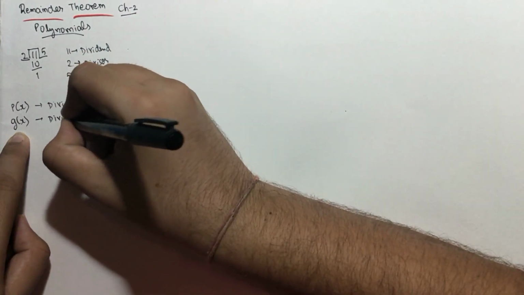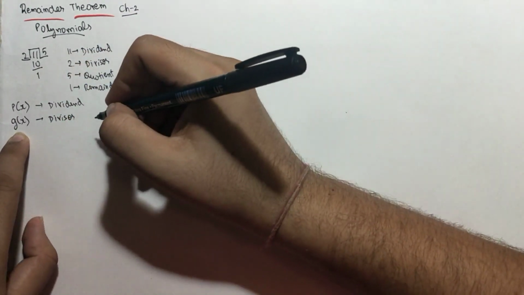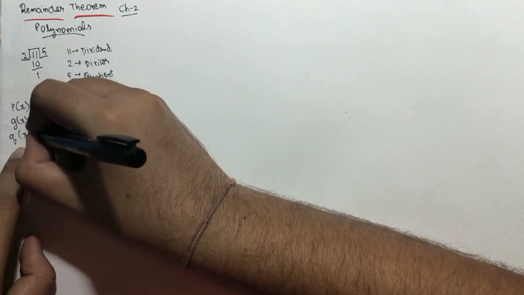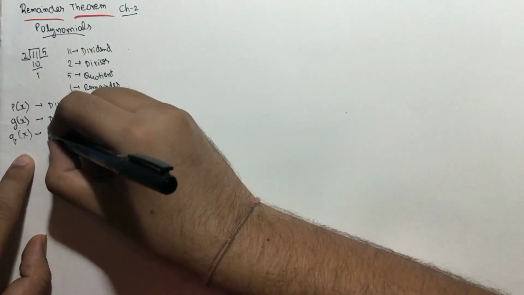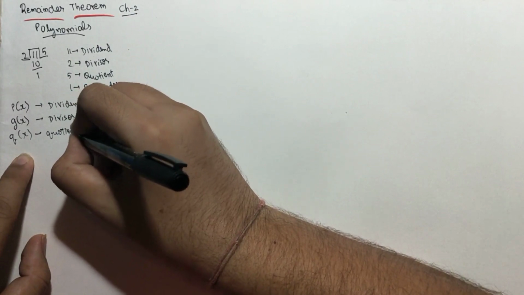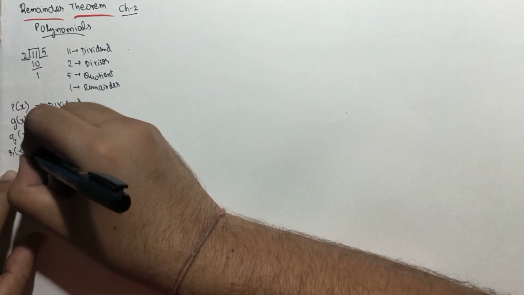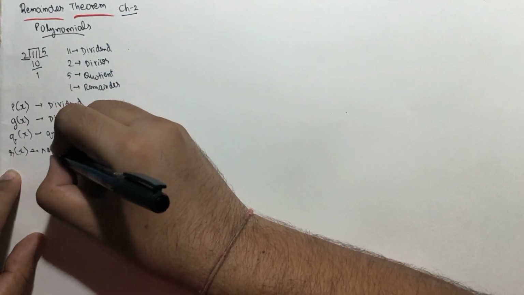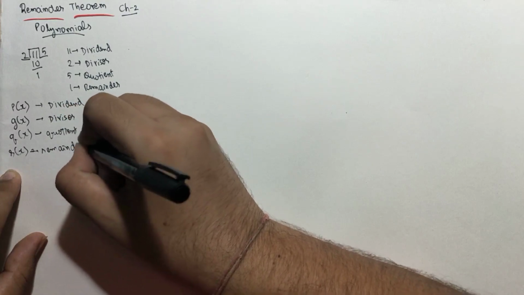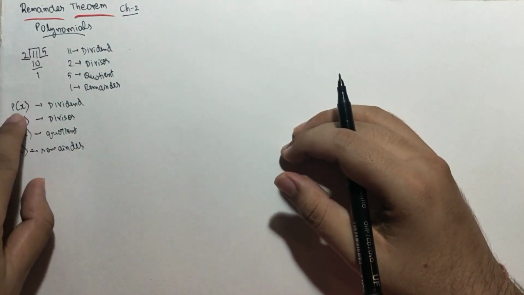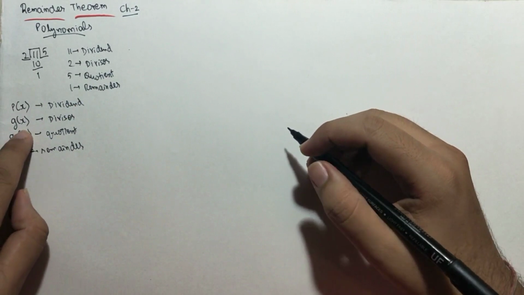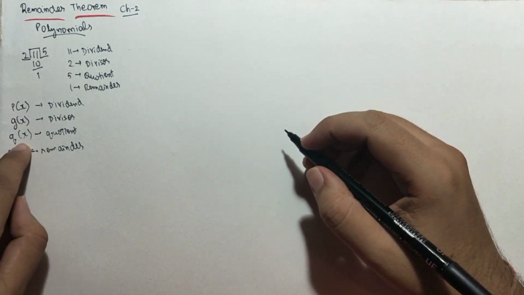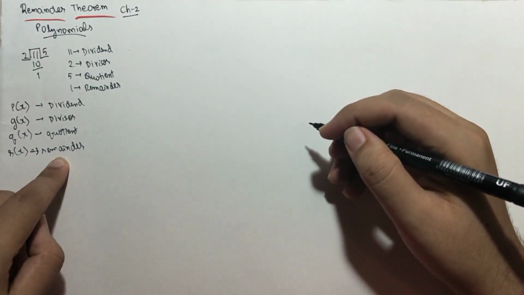This will be the divisor. q of x would be our quotient, and r of x would be our remainder in the form of polynomials. Dividend would be p of x, divisor would be g of x, quotient will be q of x, and r of x will be the remainder in our polynomial terms.